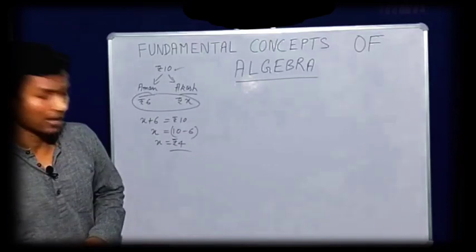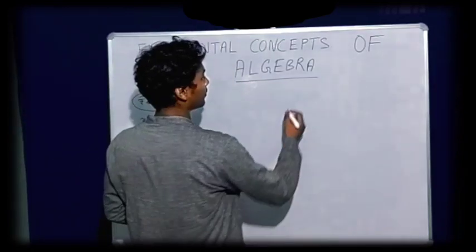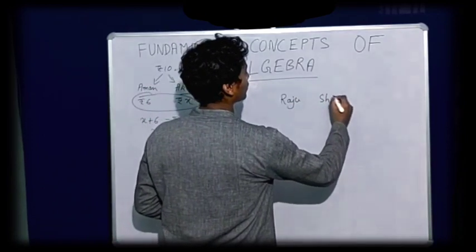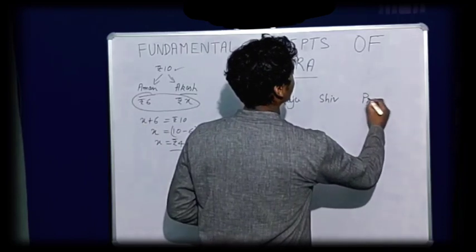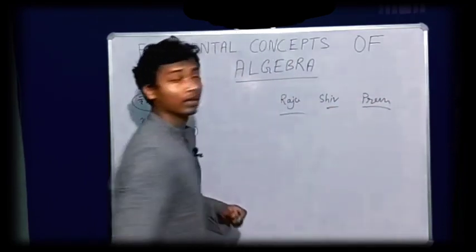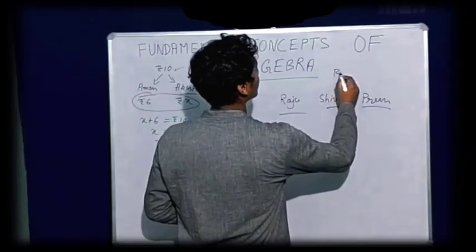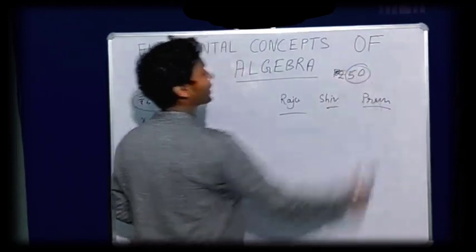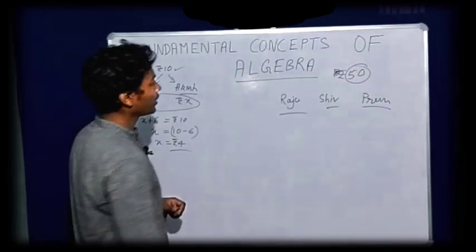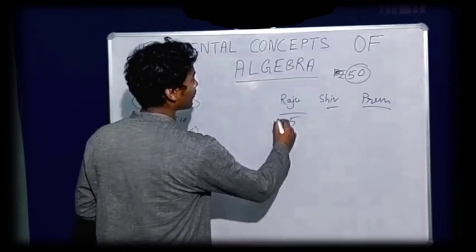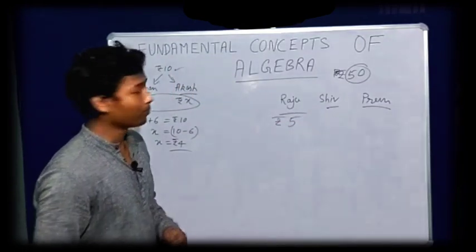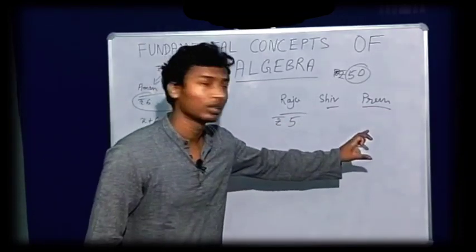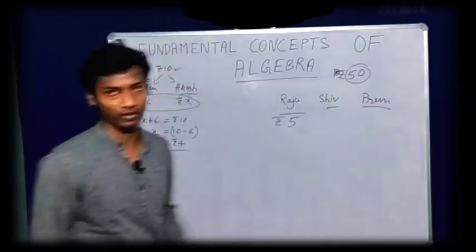Let's take another example. Let's say there are 3 friends, Raju, Shiv and Prem. Now rupees 50 is divided among them in such a way that Raju gets rupees 5, but it is given in the question that Prem receives twice of what Shiv receives.